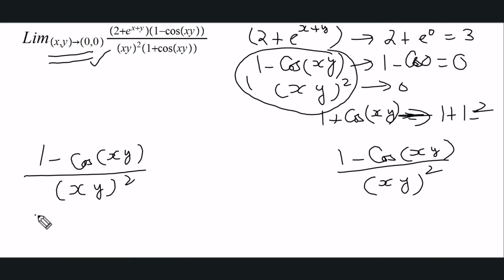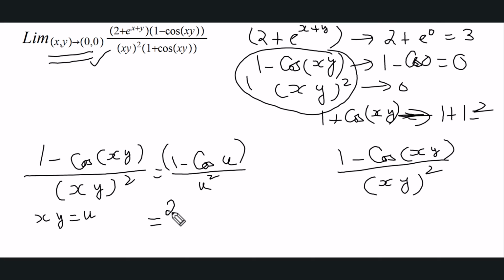So we may do this. Let's just pretend that xy is u. All right. So this becomes 1 minus cosine u over u square. And if you go ahead and use the half angle formula, what you would get is that this will be 2 sine square of u over 2 over u square.